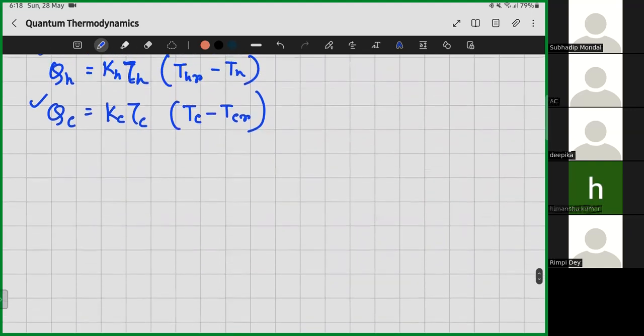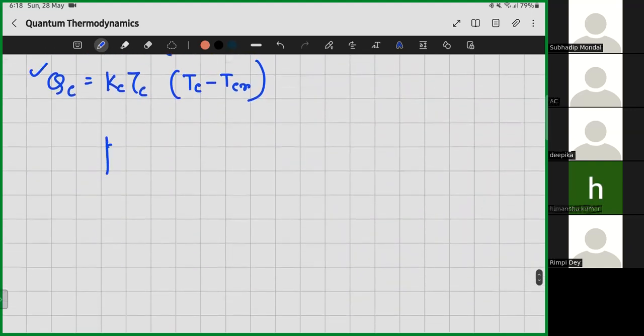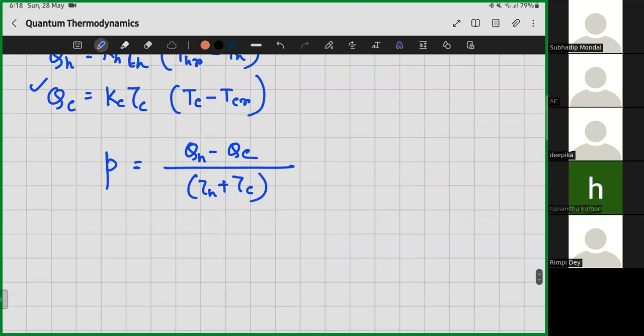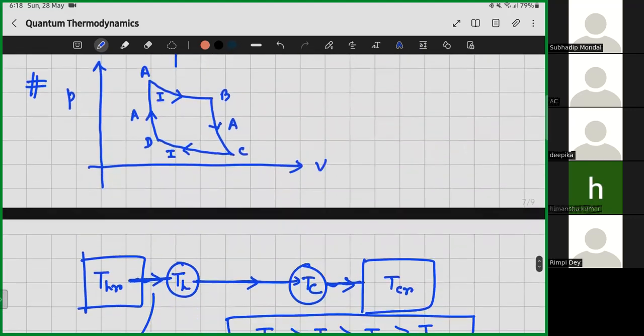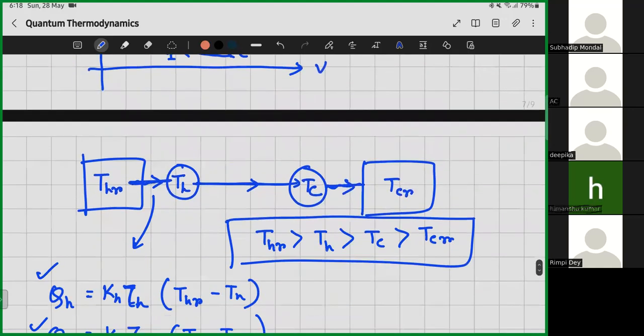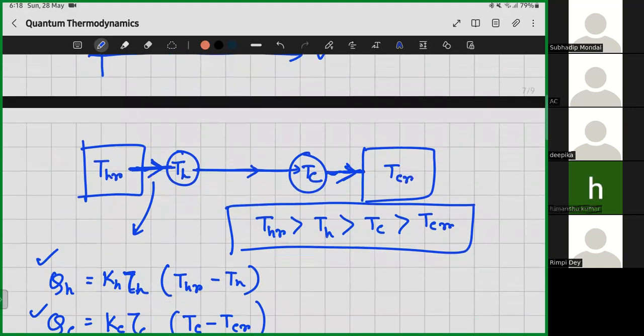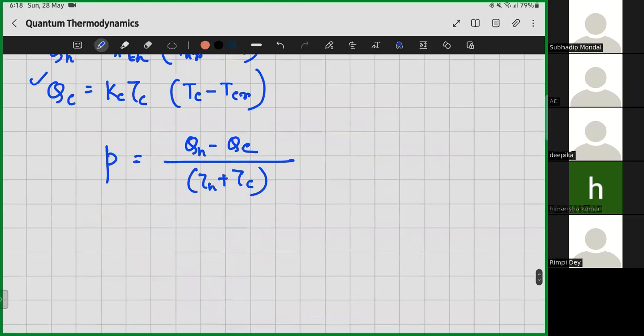The power will be defined as QH minus QC divided by one constant, we can ignore that constant, just tau H plus tau C, because this is the total time, tau H and tau C. In other processes there is no time, but here the time is involved, so we can write it like this.